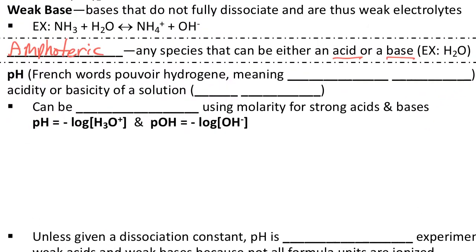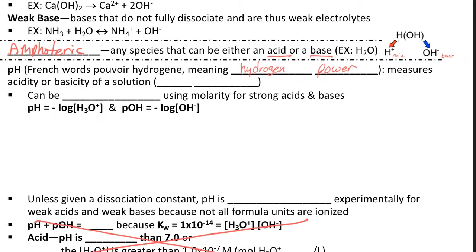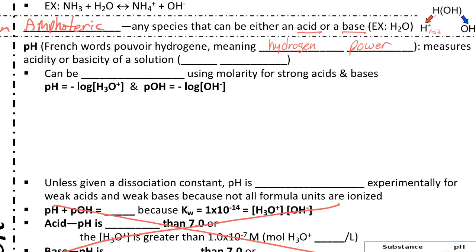So pH. I don't speak French, so I'll probably mess up the pronunciation of this, but the French words pouvoir hydrogène mean hydrogen power. This measures the acidity or the basicity of a solution, and it's a scale of 0 to 14.